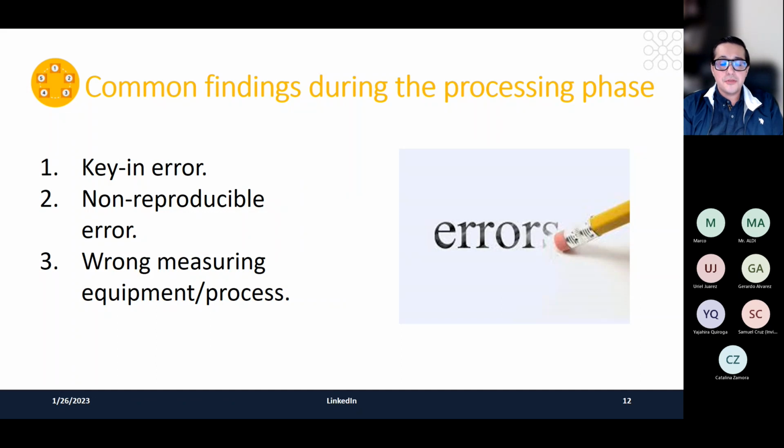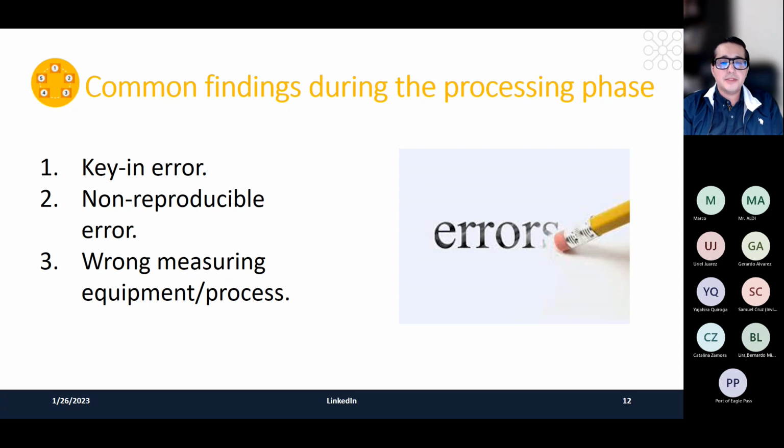The third most common error that I've seen in collecting data is the wrong manufacturing process, the wrong measuring process, or the wrong equipment to measure it.